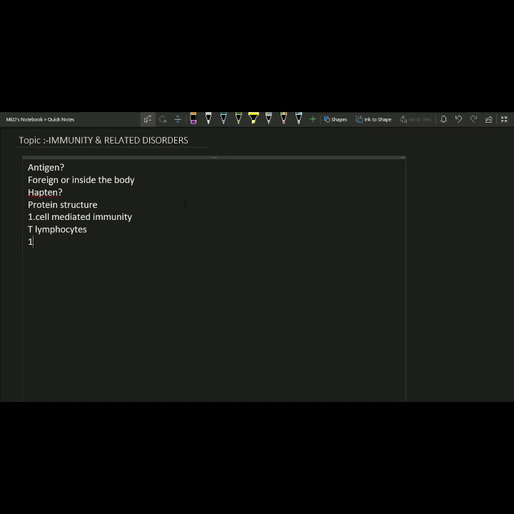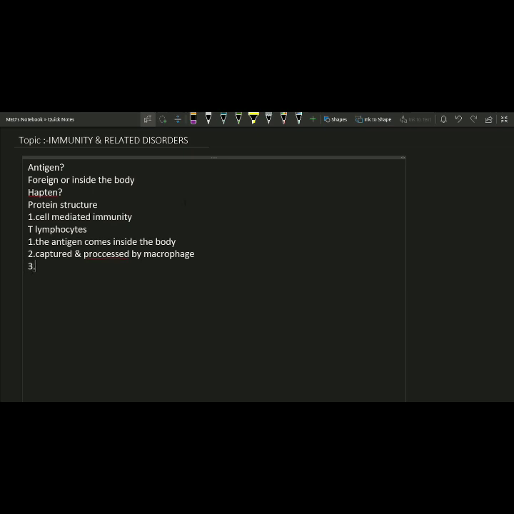So first of all, the antigen comes inside the body, and this antigen will be captured and processed by macrophage.